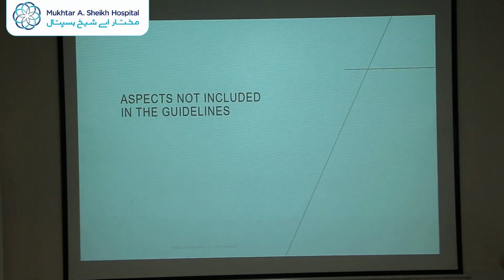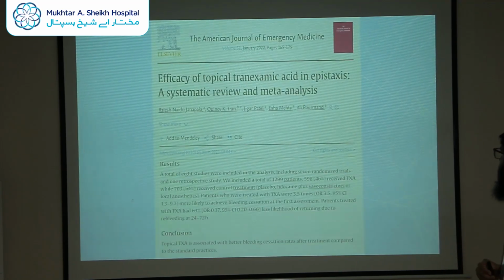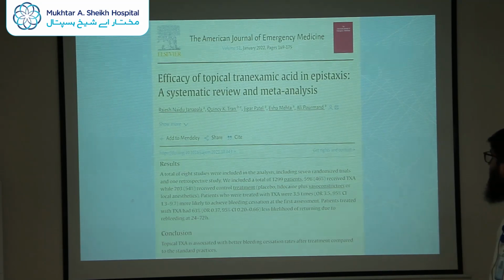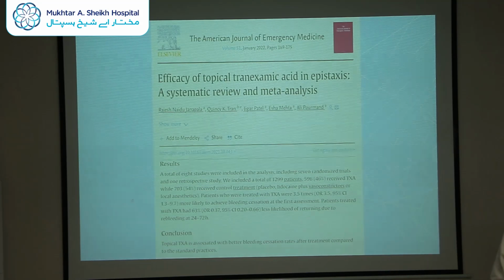So there are just a few points that were not included in the guidelines, but I just wanted to touch upon them very briefly. One is the use of topical tranexamic acid for epistaxis. The guideline does not address this at all, and these days we are seeing it used very commonly in the emergency department. Yes, there are studies and they are coming.